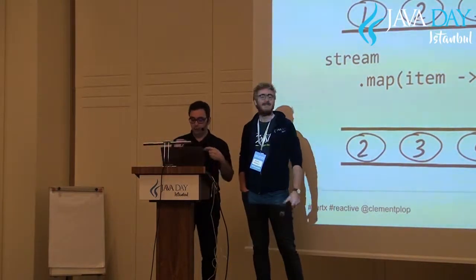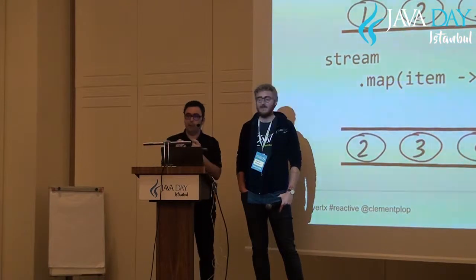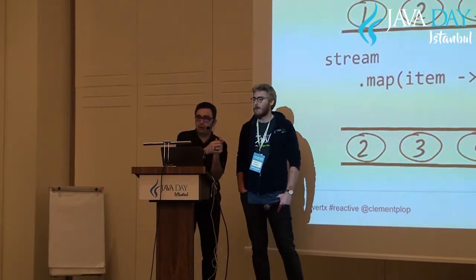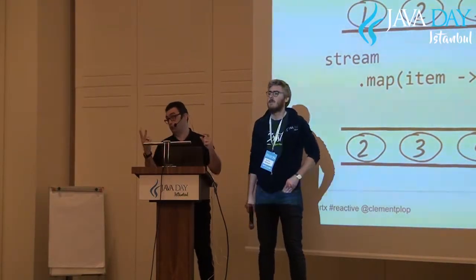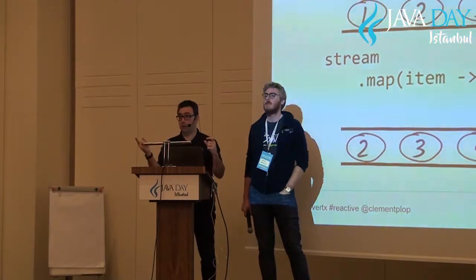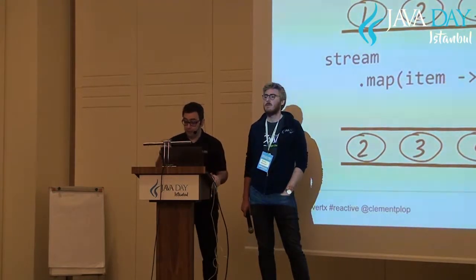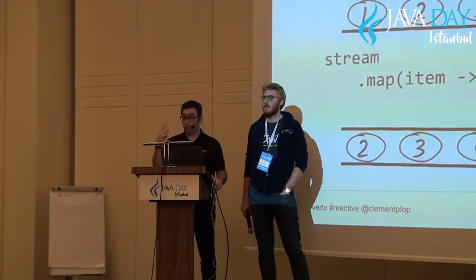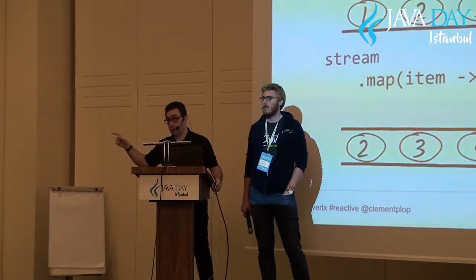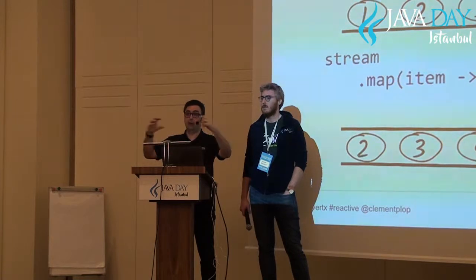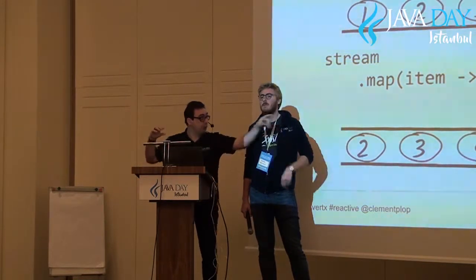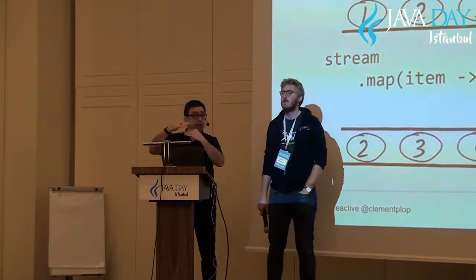So the first thing we will do is a map. But instead of mapping to a single element, we are mapping to a stream of elements. So here, for example, I get 1 and I create a stream duplicating the element, so 1 and 1. If I just do map with this, that will be a stream of streams. The first stream inside my stream is 1, 1, then 2, 2, and then 3, 3. But I want a flat stream. Here is the flat part. It flattens all the streams we have returned into one stream.